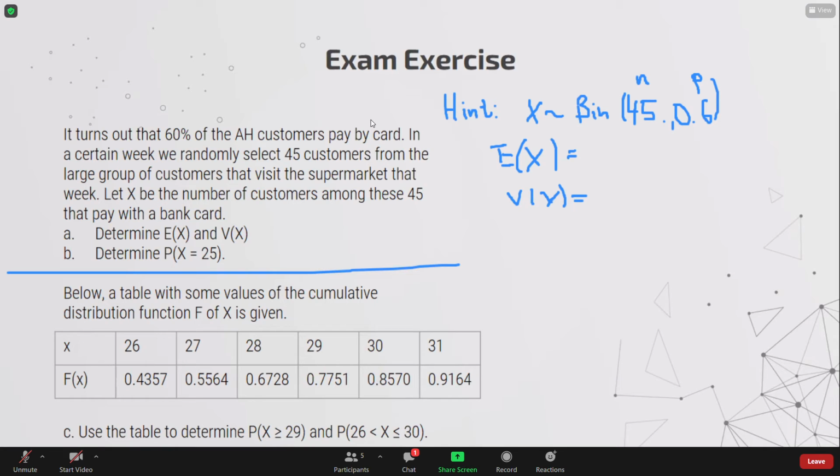Is the expectation 27? Yes, that's right. Okay. And the variance 10.8.